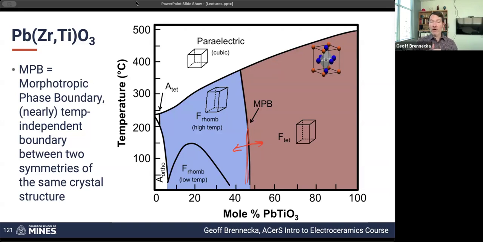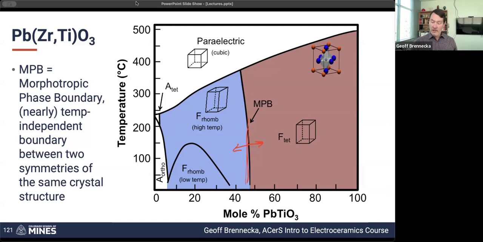And then we can operate it over a wide range of temperatures and it still gives us that really high performance. And so that's the advantage of this morphotropic phase boundary, is that we can lock in that frustration chemically when we make the sample and then operate over a broad temperature range, and it still gives us good response.